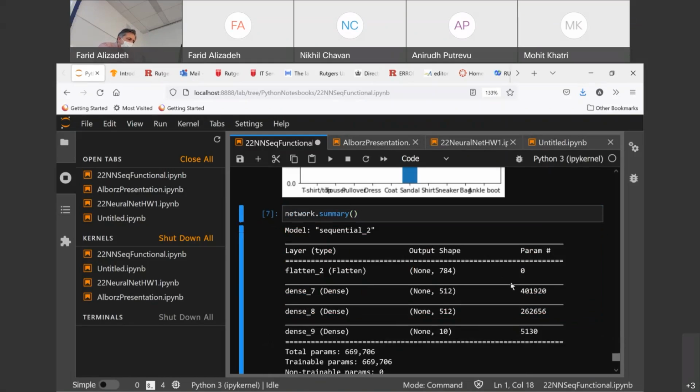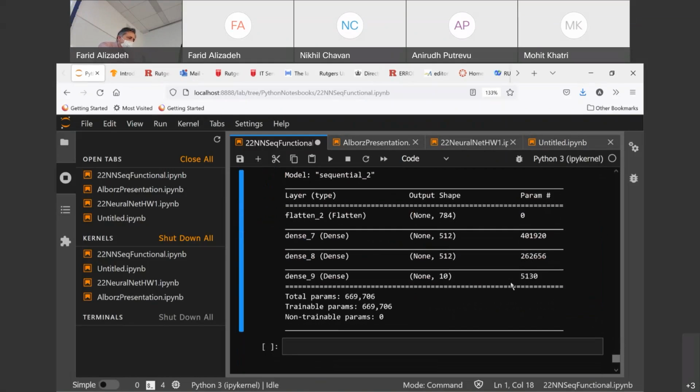Okay, so here is basically the summary. When you use a network, that summary tells you the layers and what's going on and how many parameters it has.